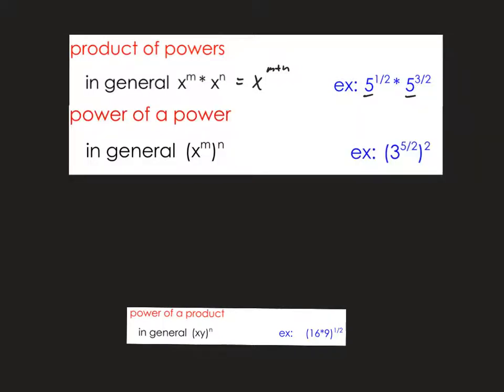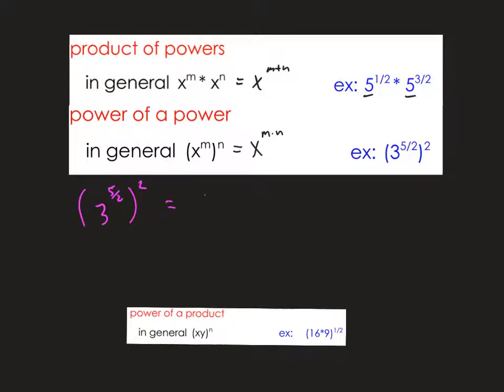Next on the chopping block, we have power of a power. So that's going to be x to the m raised to the n is x to the m times n. So for our example, we have 3 raised to the 5/2 power, and all of that is getting raised to the second power.